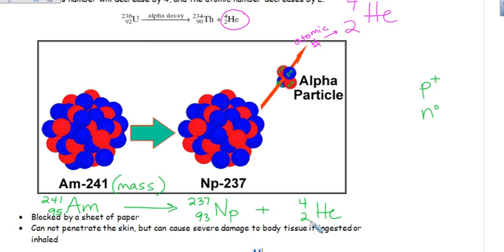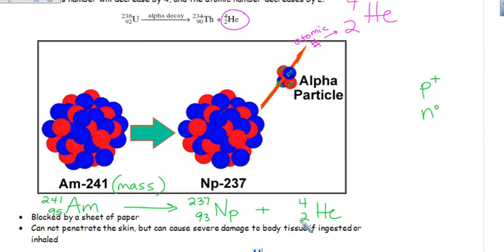It decays into a particle with 93 protons, and then we release the alpha particle, which was the other 2 protons. So the number of protons adds up to 95 on both sides. Here's 93, and then 2 more from my helium nucleus. 93, 94, 95.